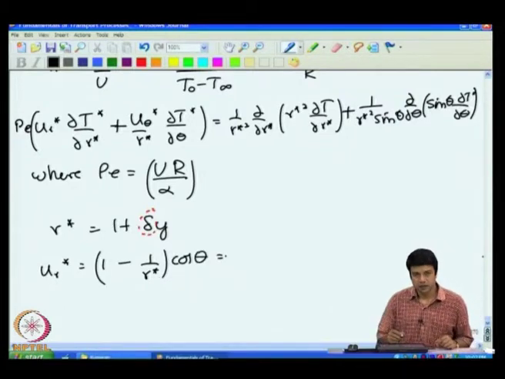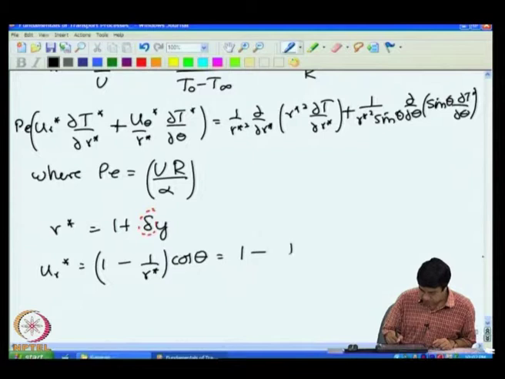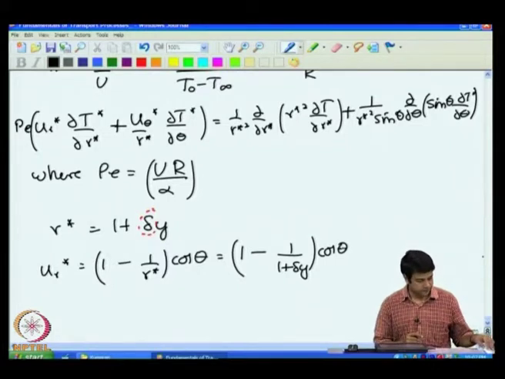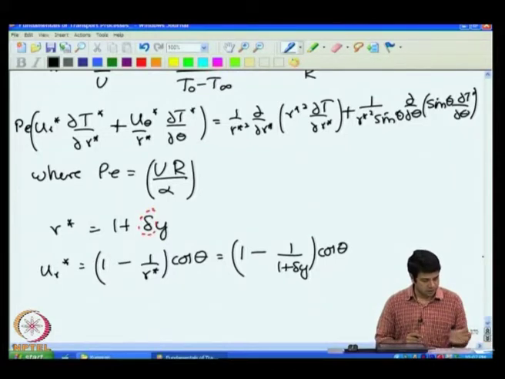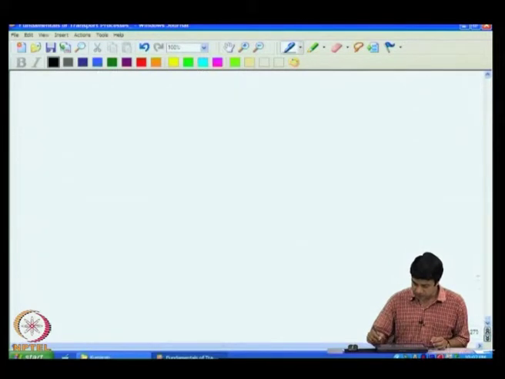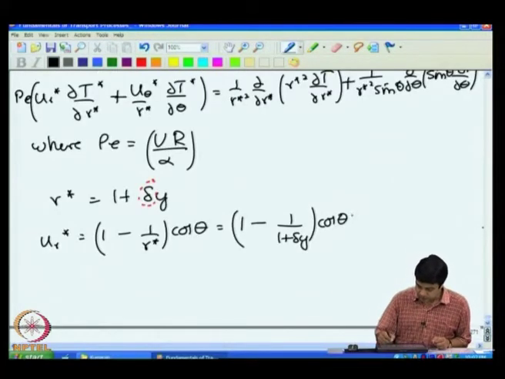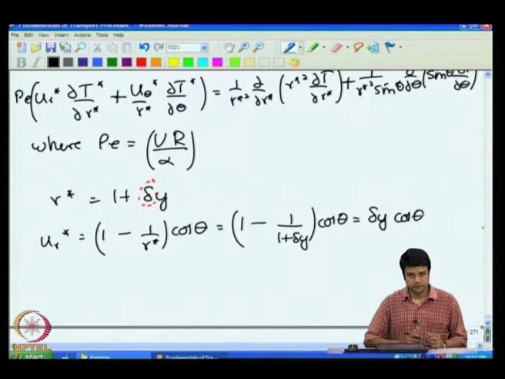This I can write as (1 minus 1 by (1 plus delta y)) cos theta. And if I use an expansion in the small parameter delta, this just becomes equal to delta y cos theta. So, u_r is going as delta times y.